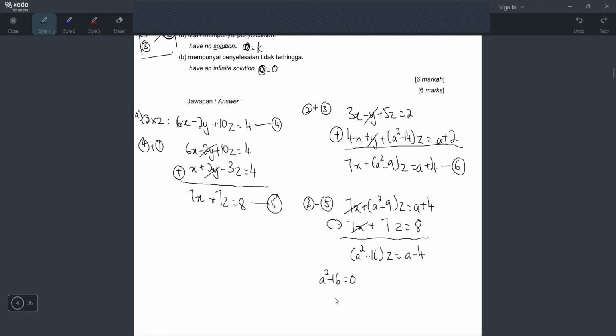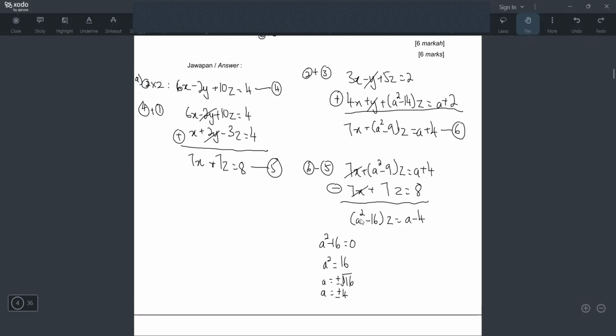So now how to find a? I will just move the 16 and then move the square root. When you move the square root, you get two answers, one positive, one negative. So my a will be positive or negative 4, right? It means when a is positive 4, this left side whole thing will become 0. And when a is negative 4, the whole thing on the left side is also 0.